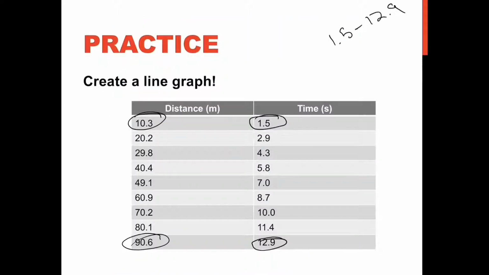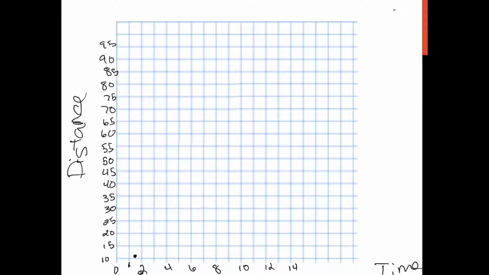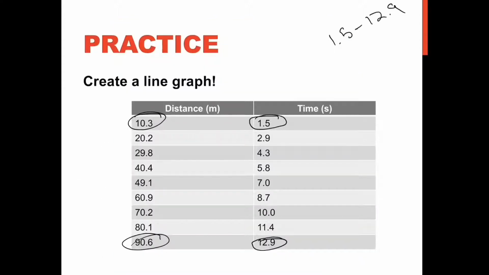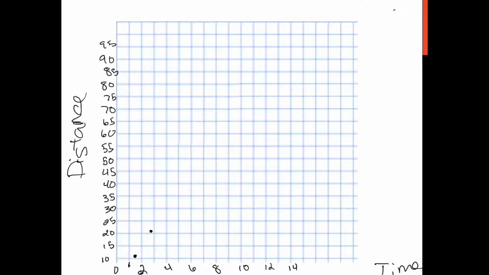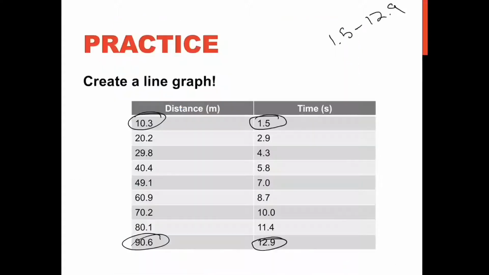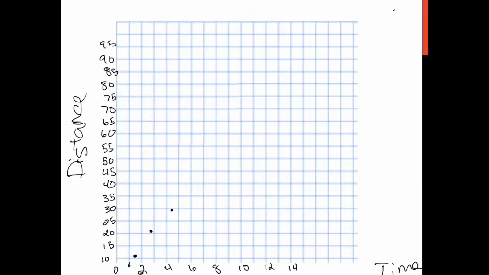All right, let's do the next one: 2.9 and 20.2. 2.9, 20.2, about there. 4.3 and 29.8. 4.3, 29.8. There we go. 5.8 and 40.4.